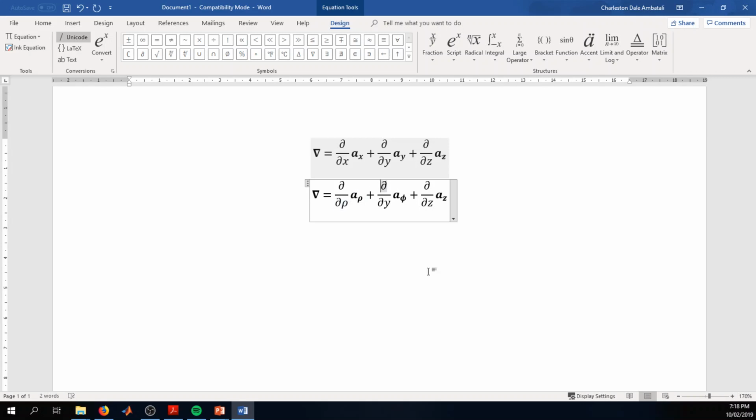For the phi, it's a little trickier, because if you're changing your phi component, you're actually moving along a circular path on a cylinder.